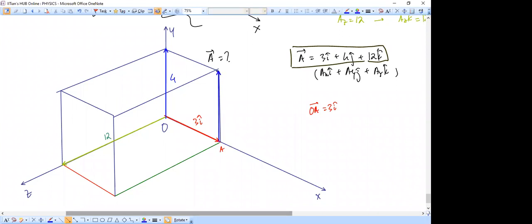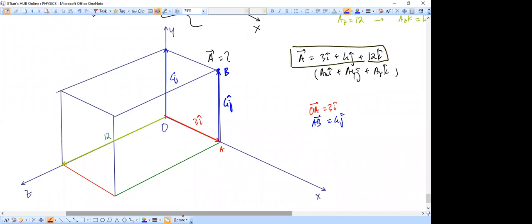So when I add 4 j cap to this, I'll reach this point here, B, let's say. Okay. So my vector AB is nothing but 4 j cap, because you can see that this vector 4 j cap is the same as this vector here.